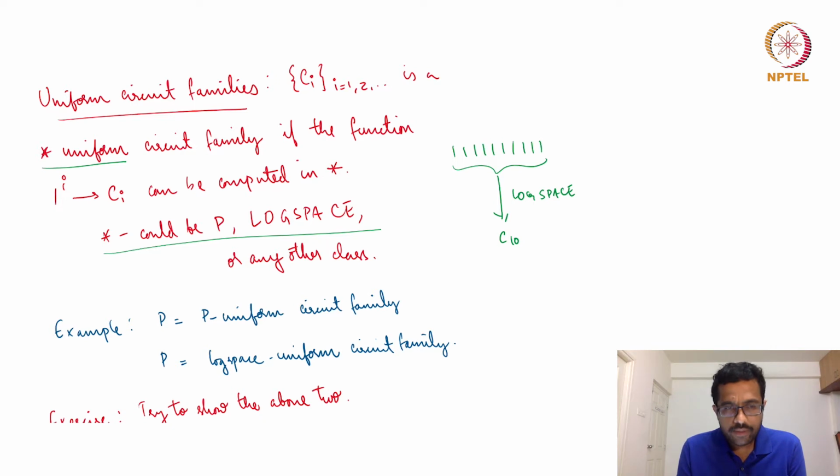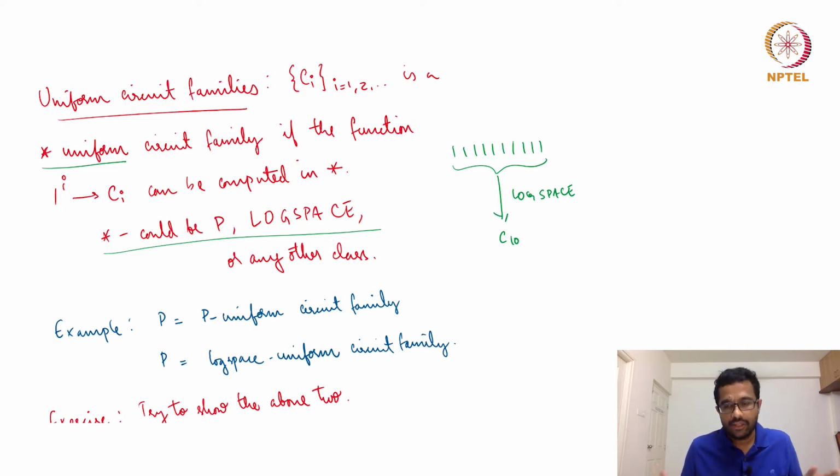Uniform circuit families mean that there should be a way to generate the circuits of each input length using some kind of algorithm or computational power. This will reduce the power of the circuits, meaning it will remove the non-uniformity, as the name itself indicates.